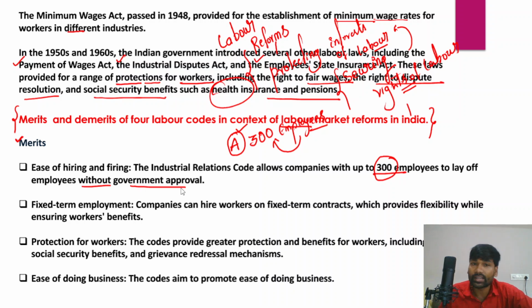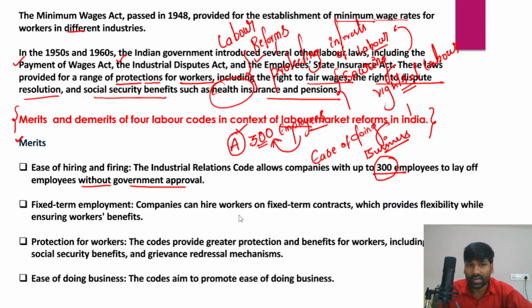Earlier, government approval was required to fire or lay off employees, but the industrial relations code has made certain changes so that a company can lay off up to 300 employees without the government's approval. Don't you think such a thing would benefit the industries, and would be seen as a positive step by the government, and that would also boost ease of doing business in India?